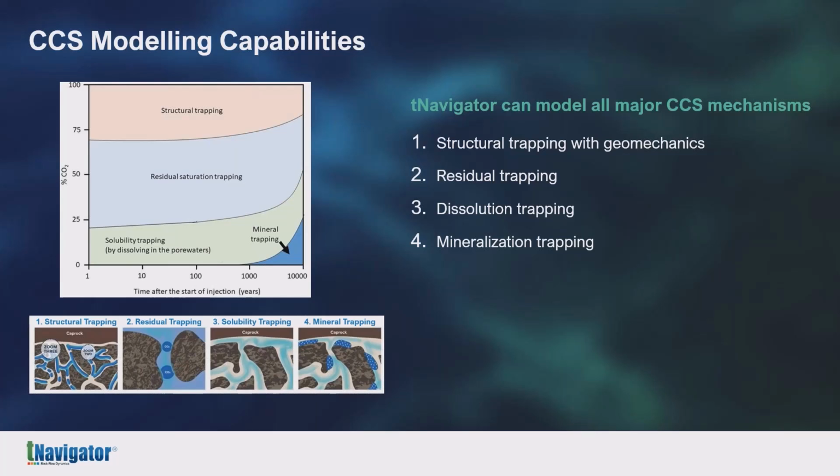And last but not least, all of these can have various parameters that can be variables, which can then be passed on to our history matching, uncertainty and optimization module to look at all the different scenarios in an automated way, making sure that there are no unforeseen situations that pop up during your project.